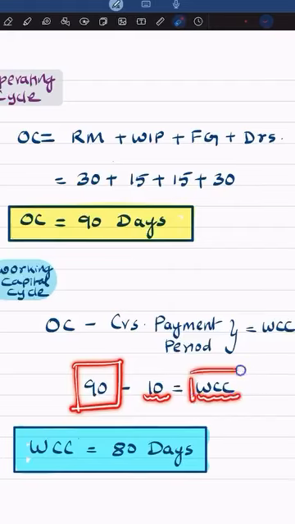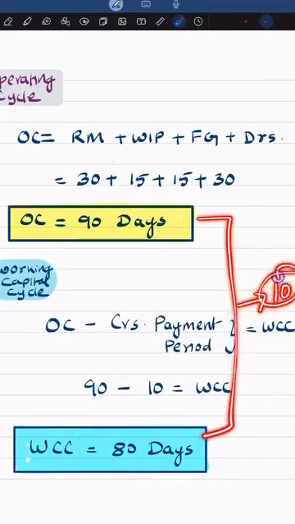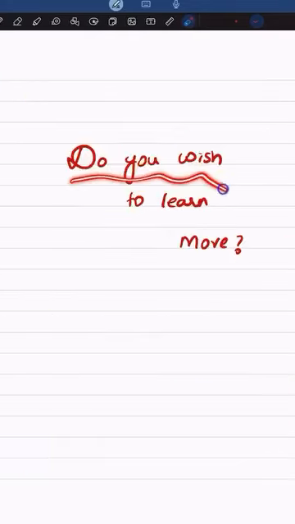So the working capital cycle is only 80 days, only 80 days. So the reason for difference between these two cycles is the credit provided by the suppliers. Operating cycle focuses exclusively on the holding period, whereas working capital cycle focuses on the holding period adjusted for the credit availed.